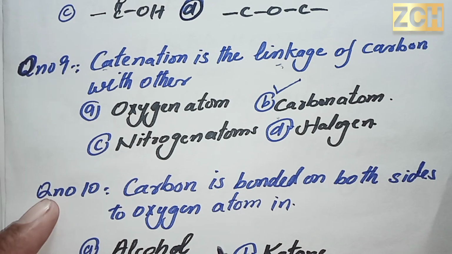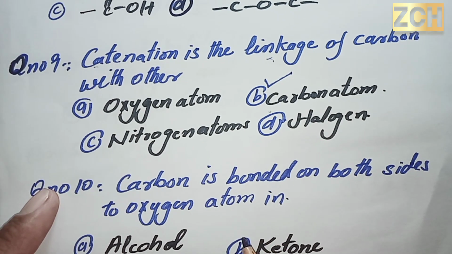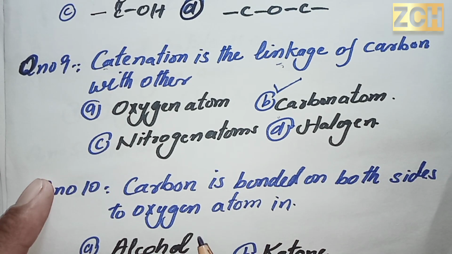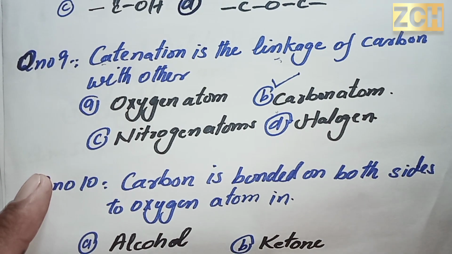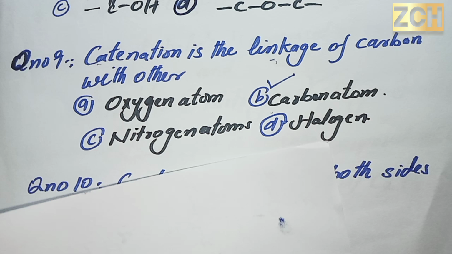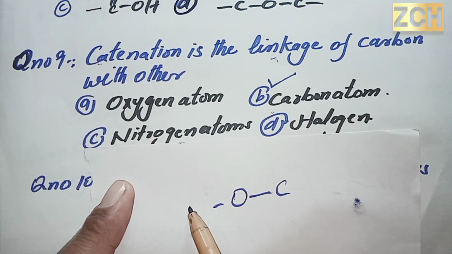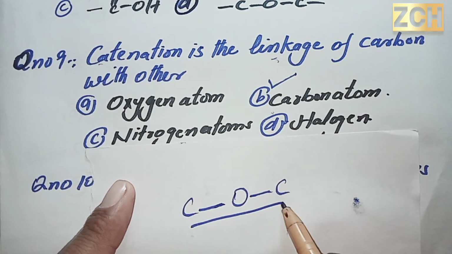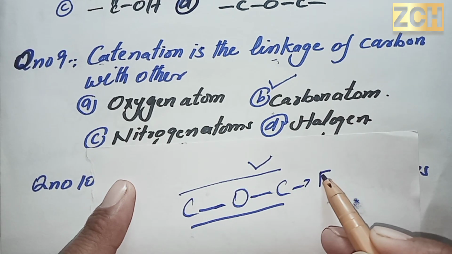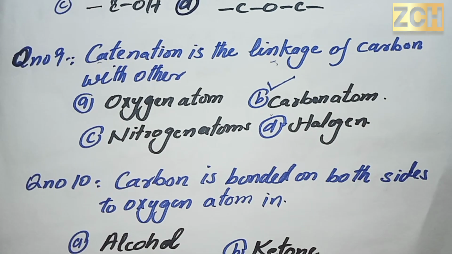We know that when two carbon atoms are present on both sides of oxygen, this is called ether, because when carbon atoms are present directly on both sides of oxygen, this is the functional group of ether. So option D is correct.